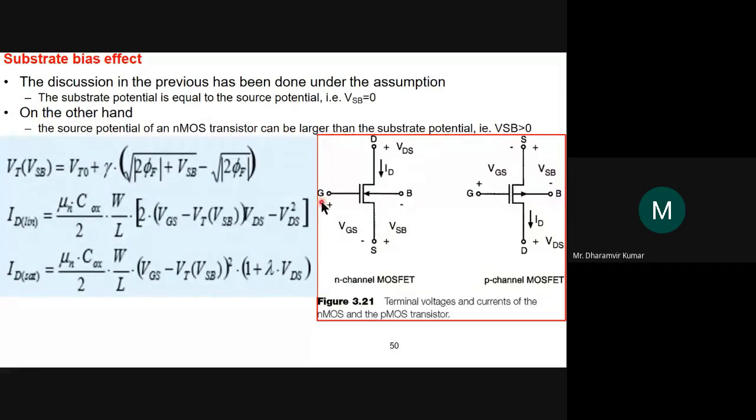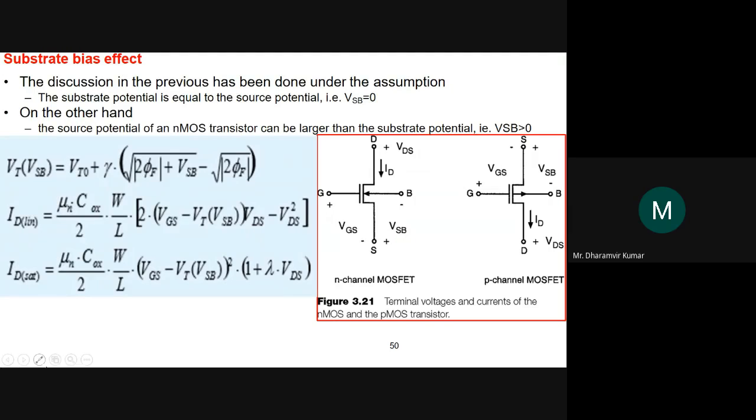Now this is gate, this is source, so the potential difference between gate and source is VGS. The potential difference between source and body is VSB. Note down the polarity, because since we are writing VSB, it will be calculated with respect to source. It will be VS minus VB.